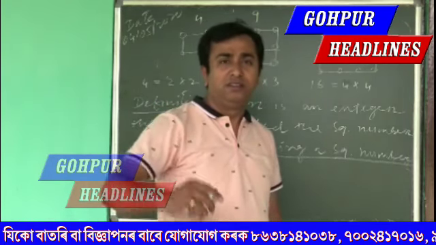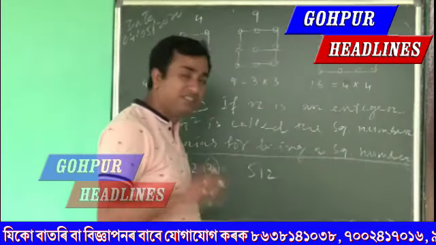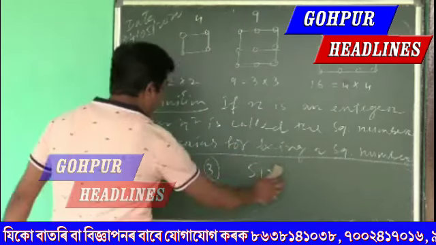A number will never be a square number when it ends with the digits 2, 3, 7, 8.